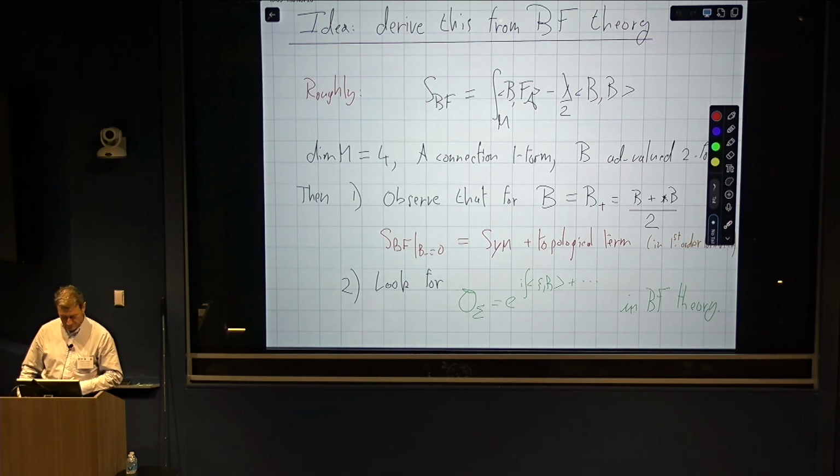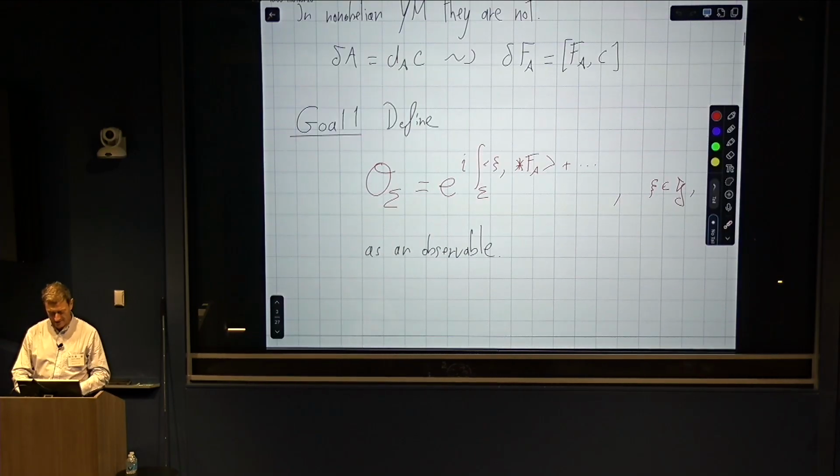And the idea is then that, okay, what we want to get here is something like this Hodge dual of the curvature.